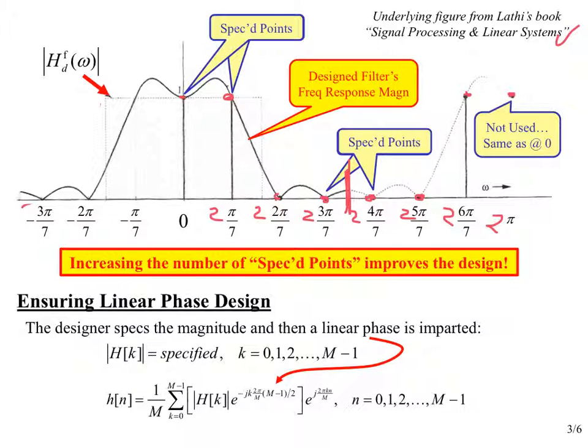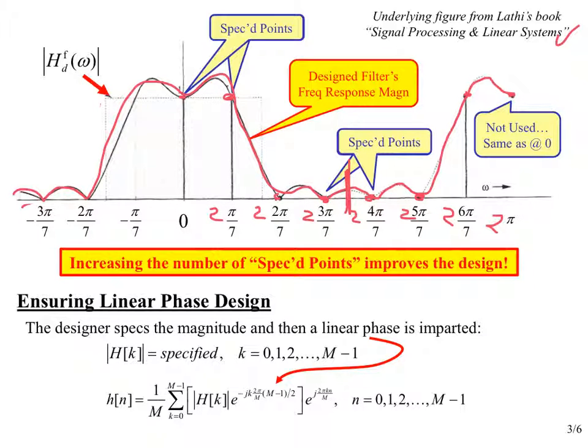You take the inverse DFT of that, you get an h of n, then you compute the DTFT of that, and you end up getting this curve. And so that's the curve of the actual designed filter. Now, again, we're using like 8 points here, so this is not a very good design. And when we look at it flopping back over to the real negative frequencies, we would get something that looks like that.